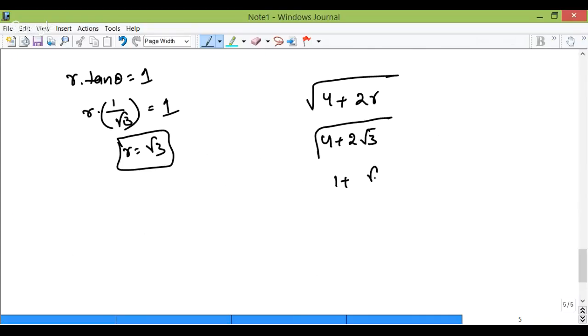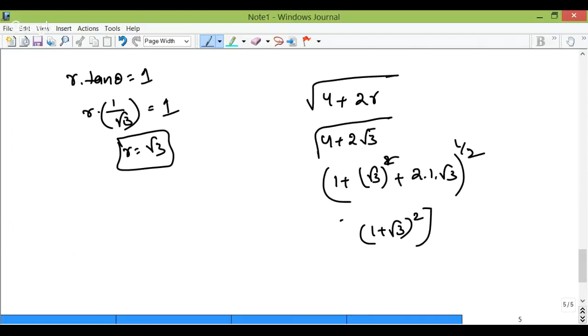Write this as 1 plus root 3 whole square, plus 2 into 1 into root 3, whole power 1 by 2. We can write this as 1 plus root 3.